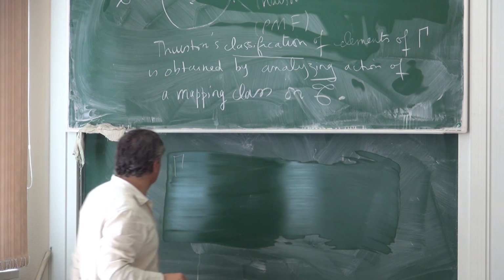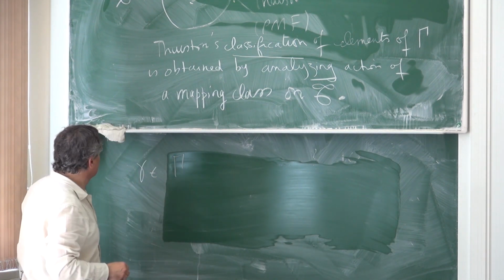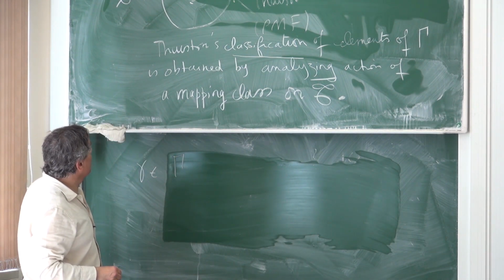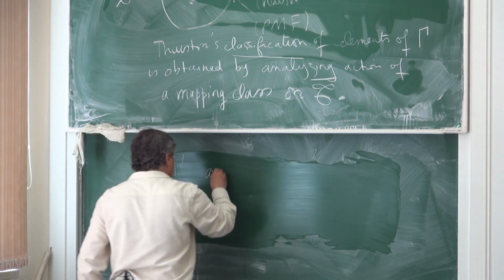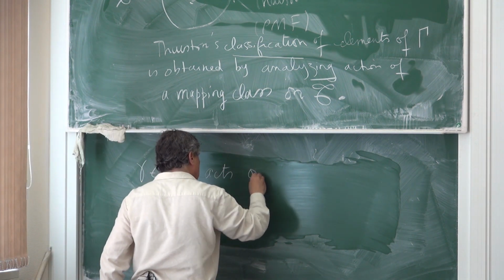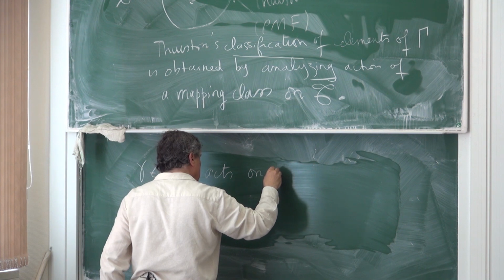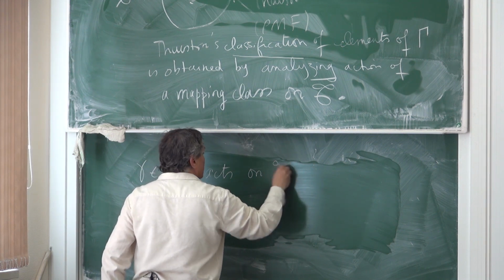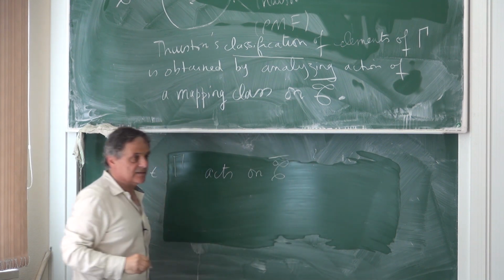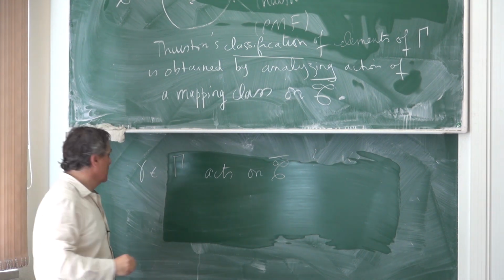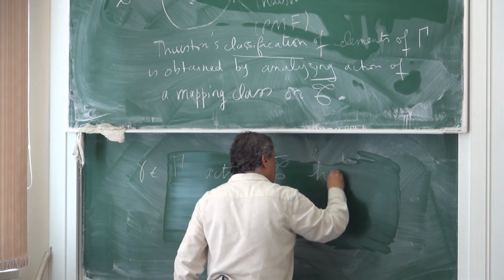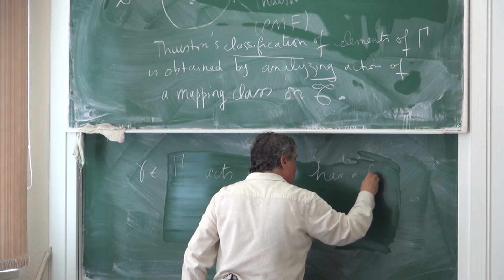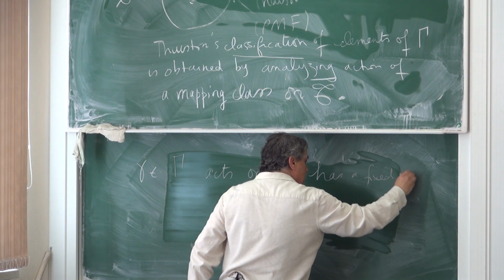Okay, let's call it small gamma. Anyway, small gamma acts on T bar as a homeomorphism, and it has a fixed point.